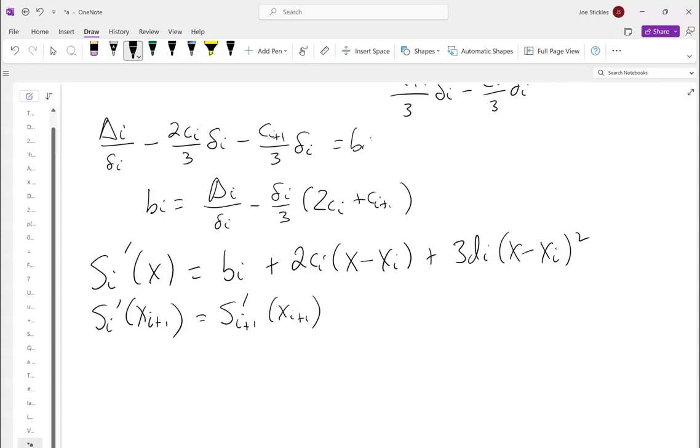What is the right-hand side of that equation equal to? It's b sub I plus 1, right? If I replace all of the i's here with I plus 1s, and then plug in x sub I plus 1, these two terms go away, right? So we're just left with b sub I plus 1.